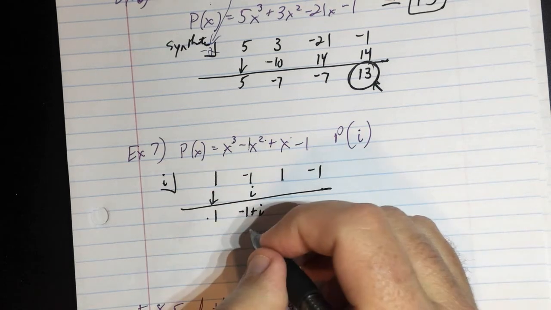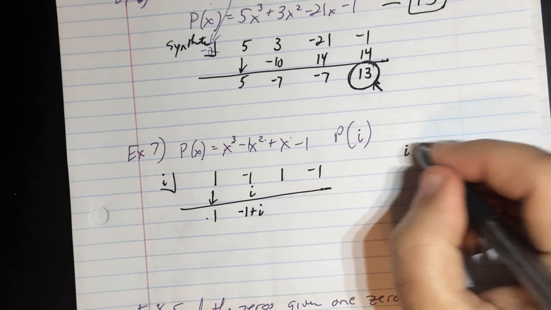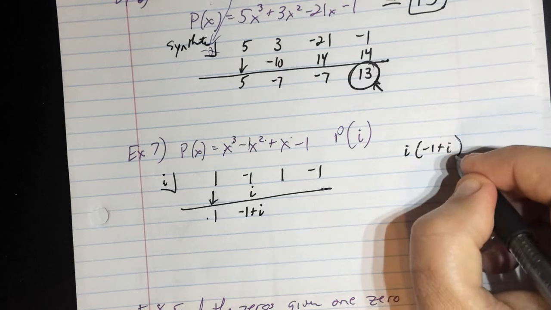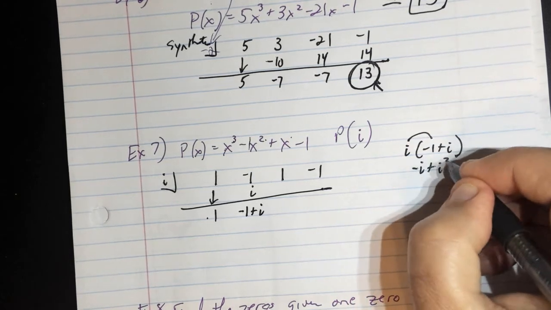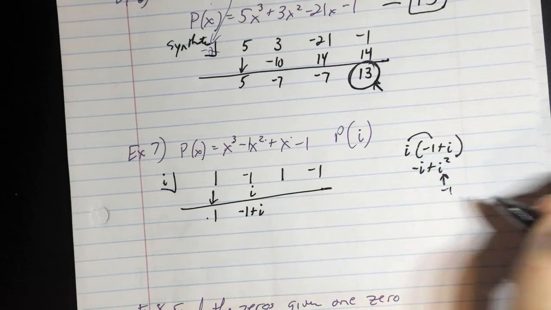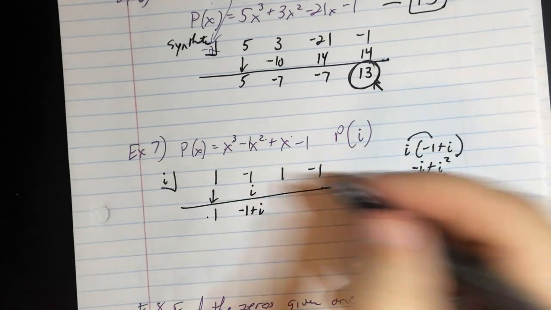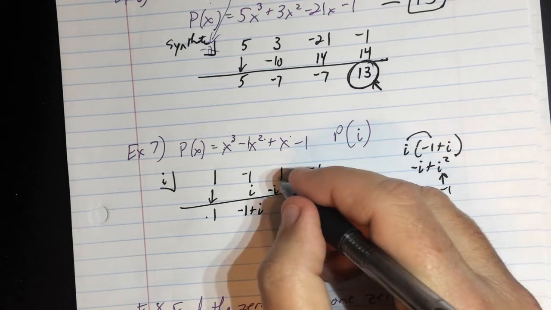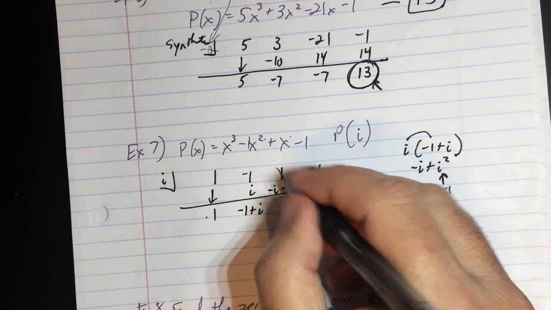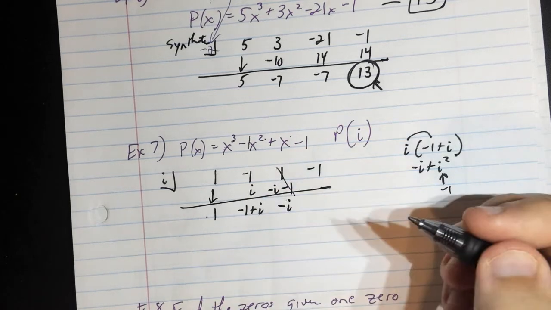And then we're going to multiply. So i times negative 1 plus i would be negative i plus i squared. And if you remember, i squared is negative 1. So this would be negative i minus 1. Now we're going to add that up. Notice the 1's cancel, and there's a negative i.